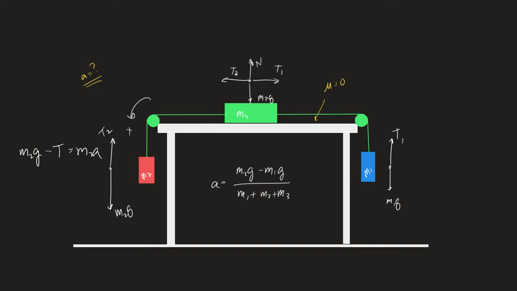Any question about that? I'm not picking up anything weird here. This is the positive direction. Anything downwards I made positive, and anything upwards I made negative. Continuing that over here, this way is positive. So T1 minus M1g equals M1a.